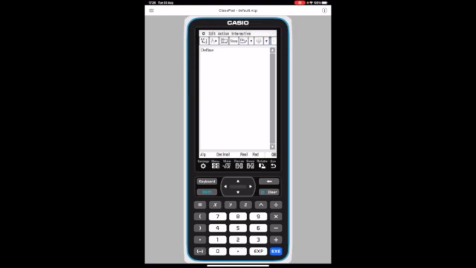What you're going to do is use your keyboard under ABC. Let's call it f(x) equals x squared. Click execute. So it is done. You know what f(x) is.